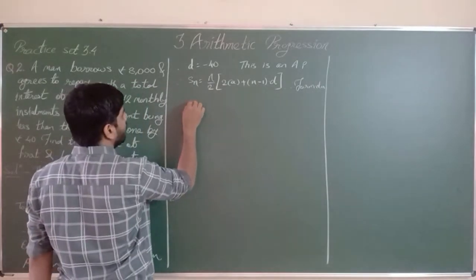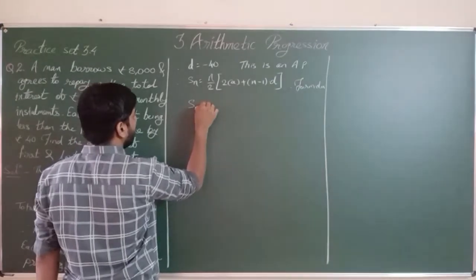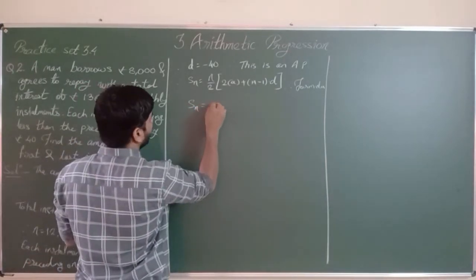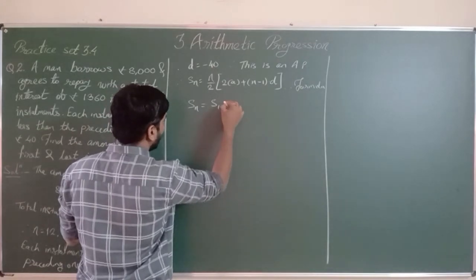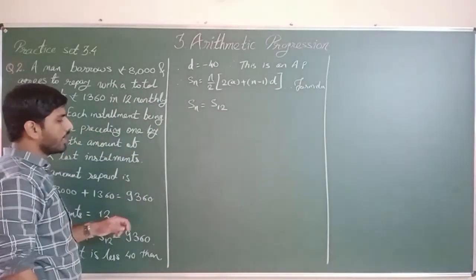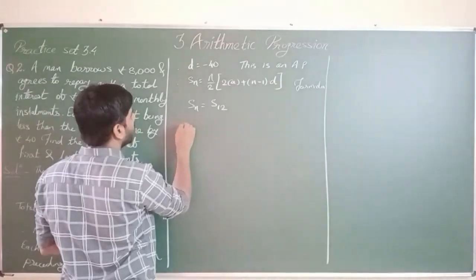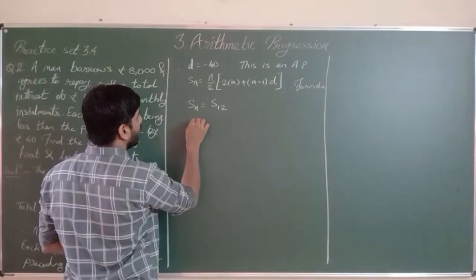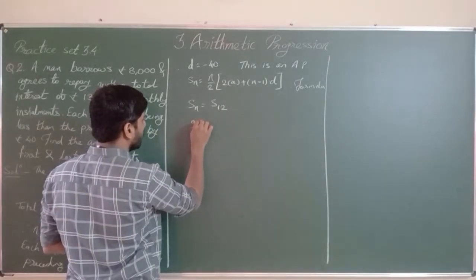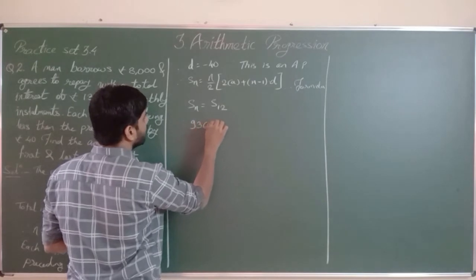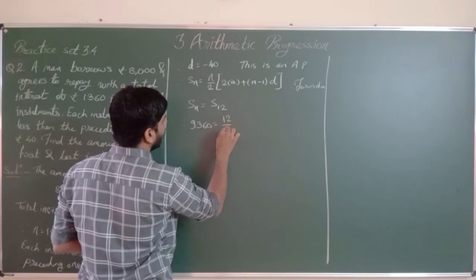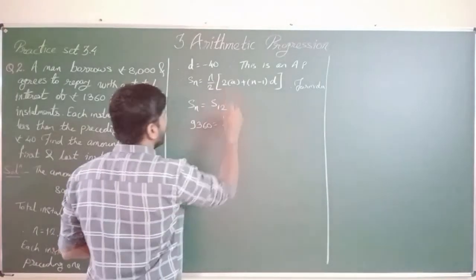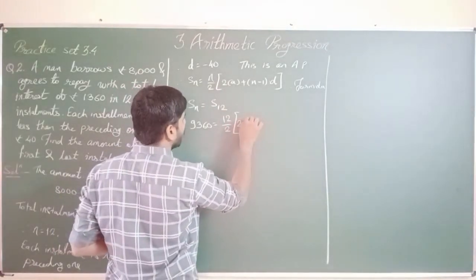Here Sn, which is S12, we know that S12 is 9,360, which is equal to n upon 2, that is 12 upon 2 into 2 times a.